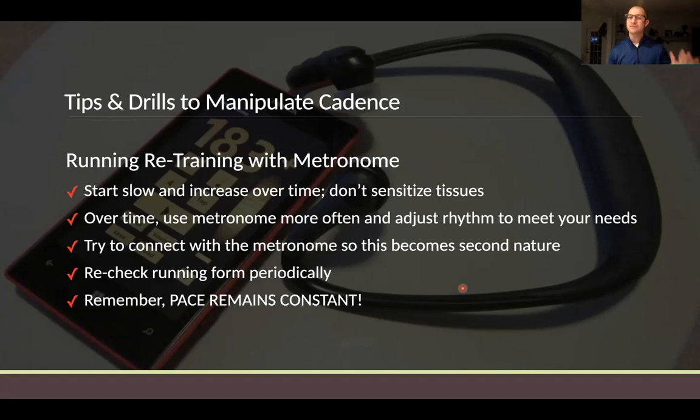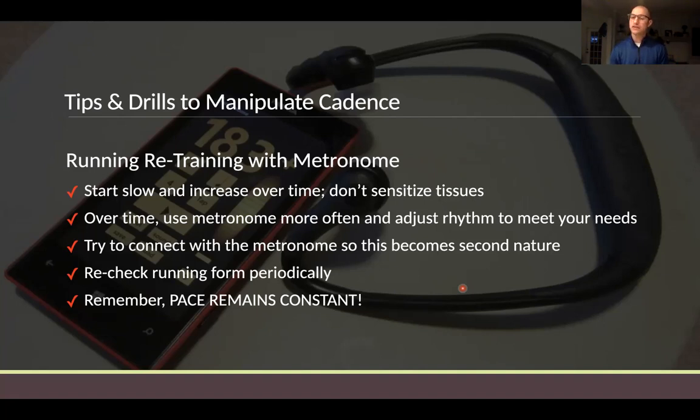Do it on your shorter runs. Be more conservative in the beginning. We don't have to do it automatically every single time. Get familiar with it. But over time, I want the body to adapt to this and allow it to become more second nature, right? I want you to naturally go into this cadence, because your body can just kind of go to it rather than having to use the metronome every single time, right?